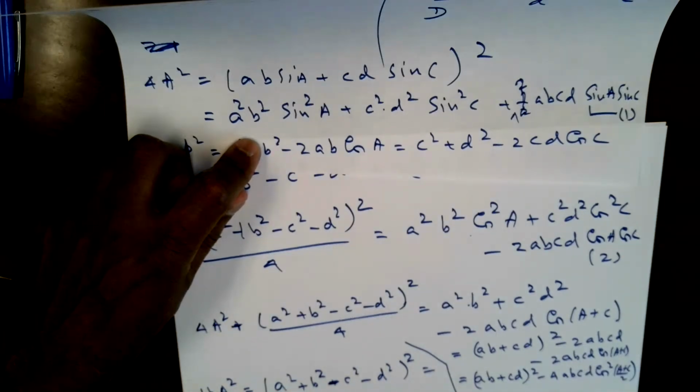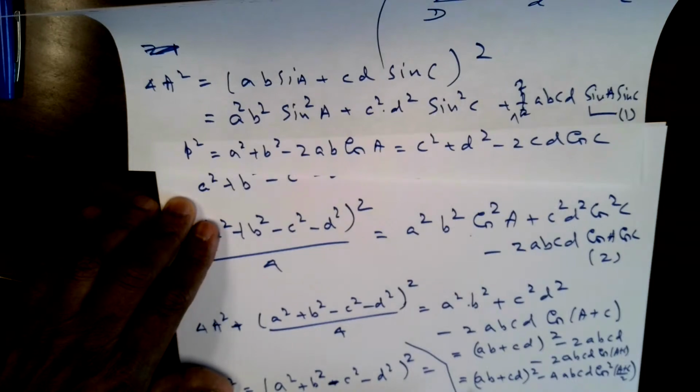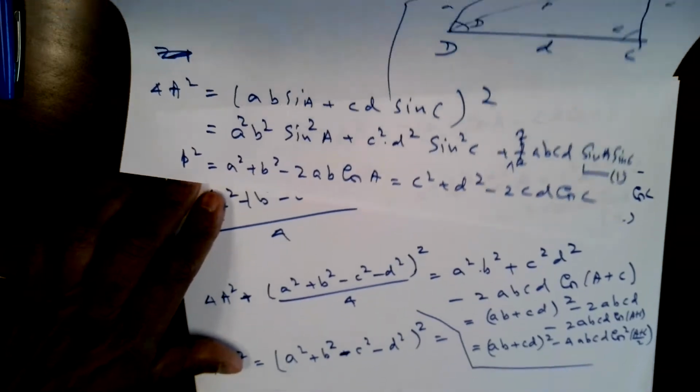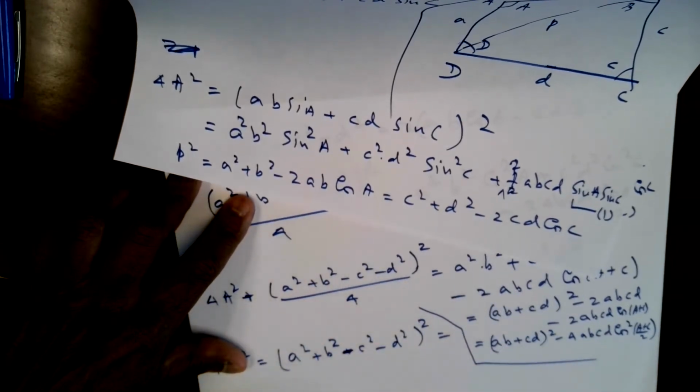So that's the formula I'm going to plug in here. I'm going to multiply this 4 here, so that becomes 2 times ab plus cd the whole squared minus 16abcd cos squared a plus c by 2.